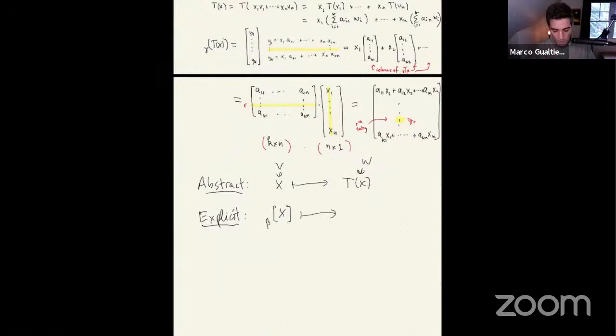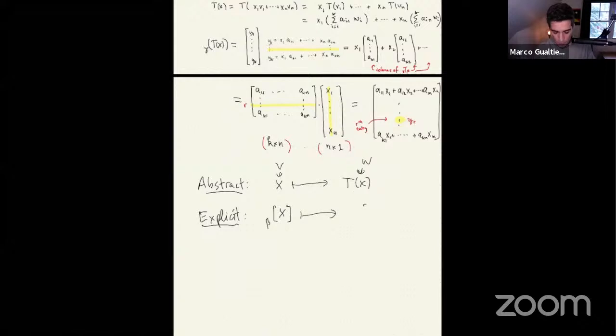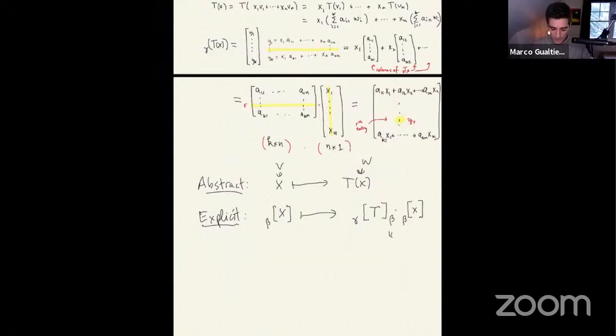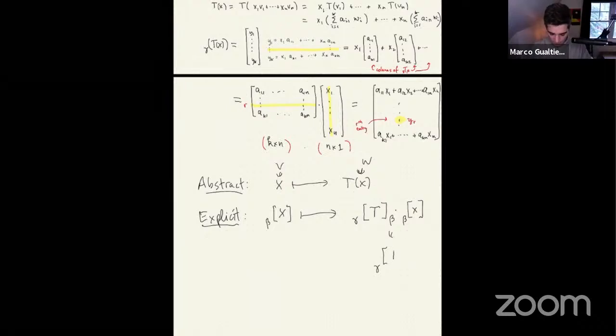And what is it sent to? It's sent to matrix multiplication. Okay, like this. And this will give me the result of T of x.